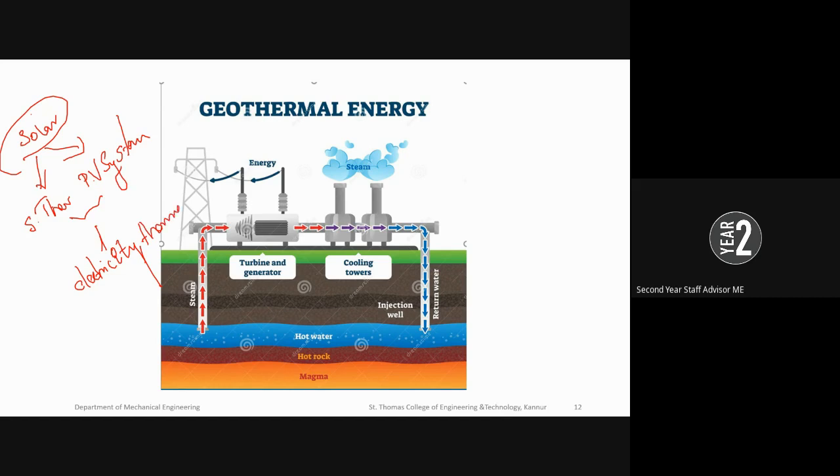For thermal or heating uses, we focus the solar rays into a concentrated single point, as in the case of a solar cooker. Through this, the heating process happens.